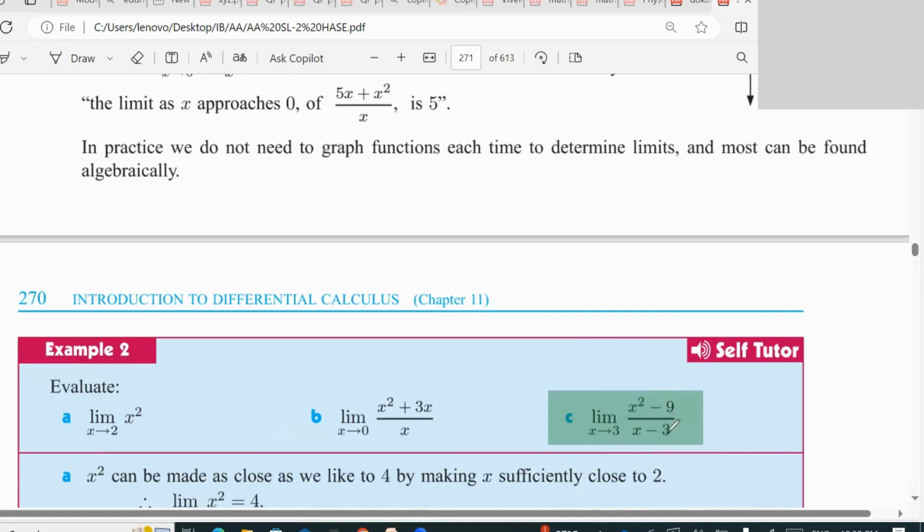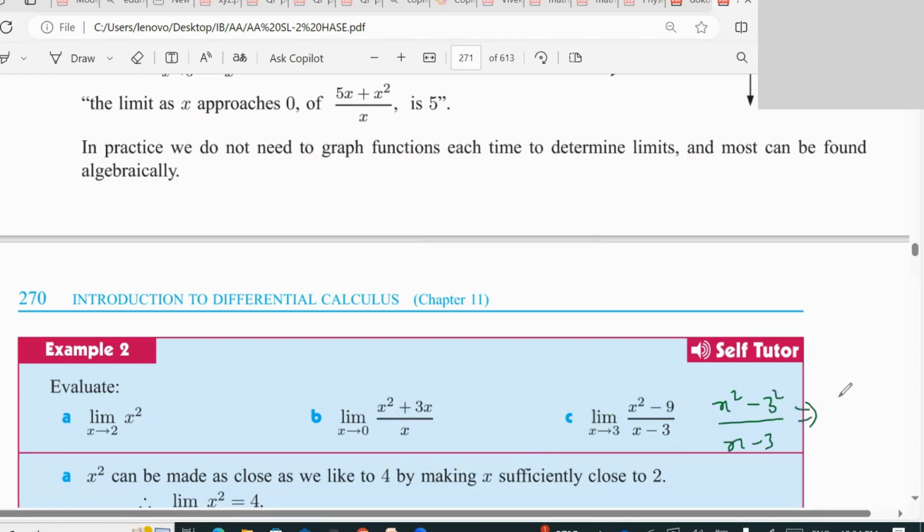Now you see, first of all, we will solve this algebraically. Otherwise, if you directly put x equals 3 over here, what will happen? Same disaster will happen. In the denominator, 0, and things will go in a similar way. So what we should do, what we did over there, we should take x square minus 3 square upon x minus 3.